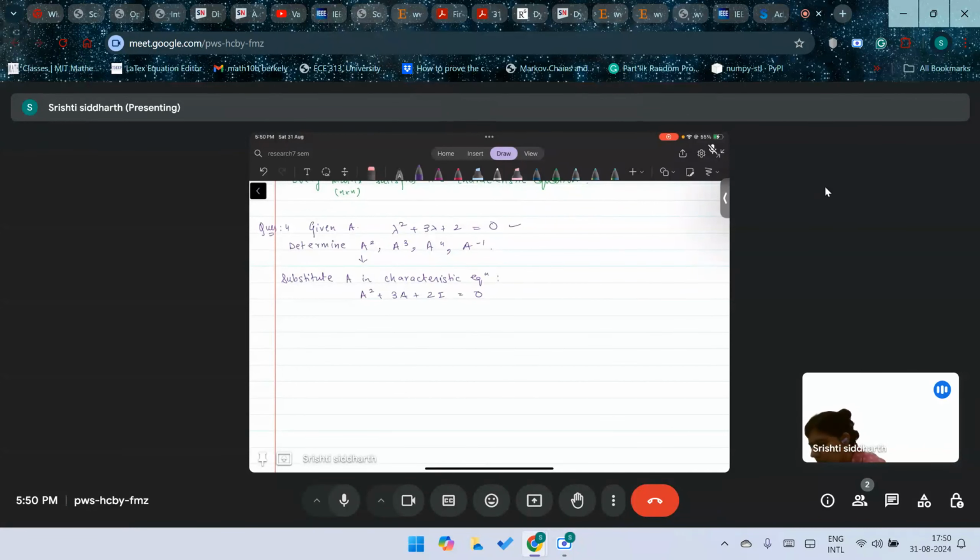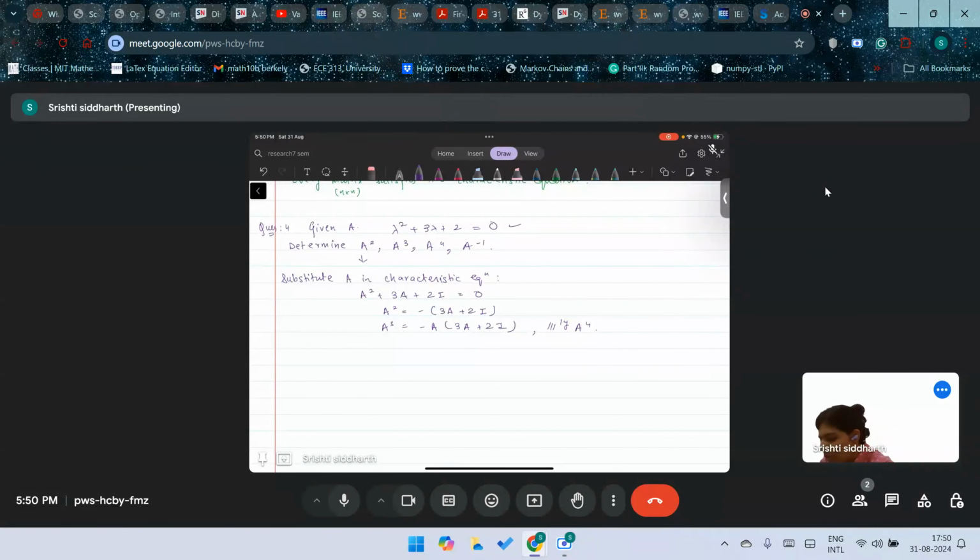It's equal to 0. So what's A square then? A square is simply the negative of this, minus 3A minus 2I. Then A cube is simply, after calculating A square, you just multiply it by A. And similarly, you know how to compute A4.